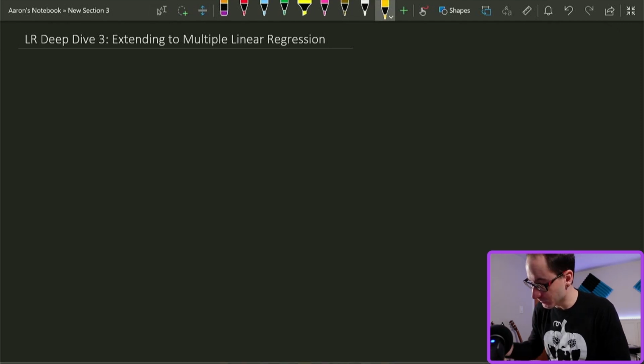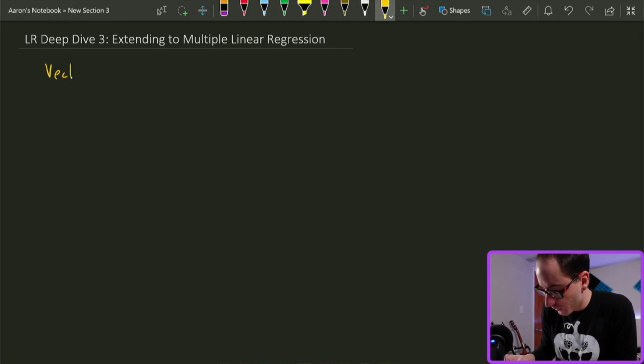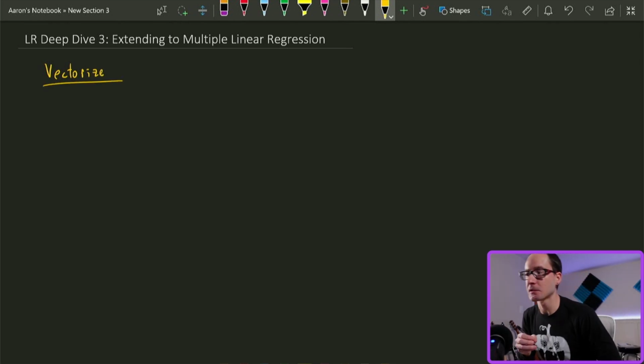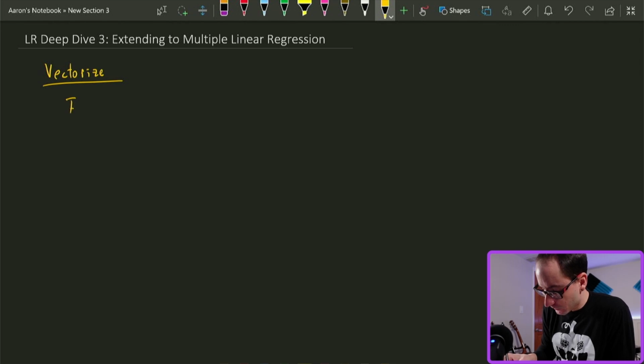So first things first, I want to go ahead and vectorize some of the concepts we had before. So I'll just say the strategy or goal here is to vectorize this stuff. Okay. And I want to be careful with some of my subscripts and superscripts. So let's write this out here.